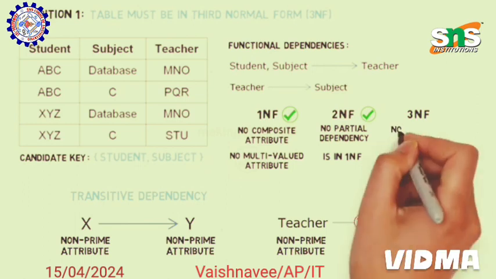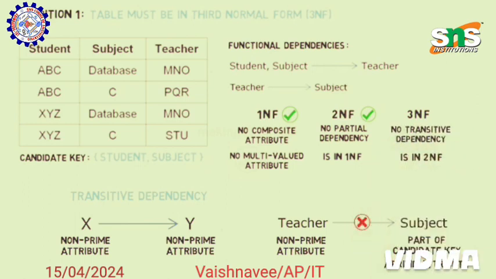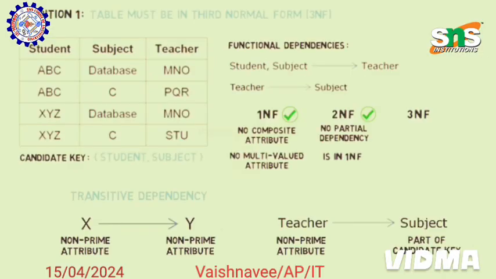Let us check the second functional dependency. Teacher determines subject. In this functional dependency, a non-prime attribute determines part of a candidate key, that means a non-prime attribute determines a prime attribute. So this functional dependency does not match the transitive dependency condition. So no functional dependency of this table is transitive.